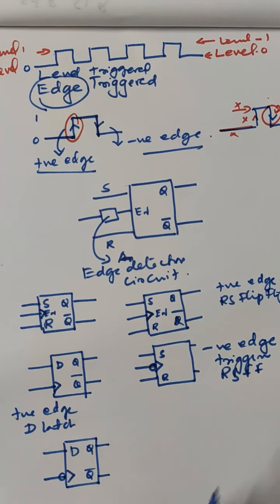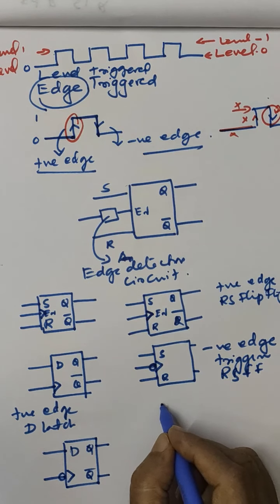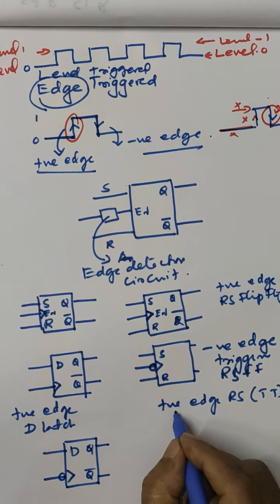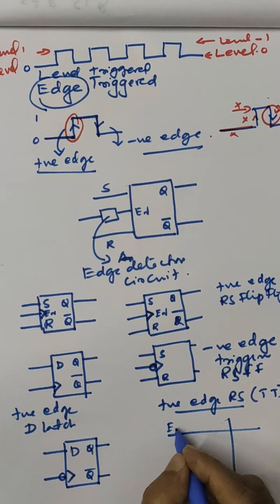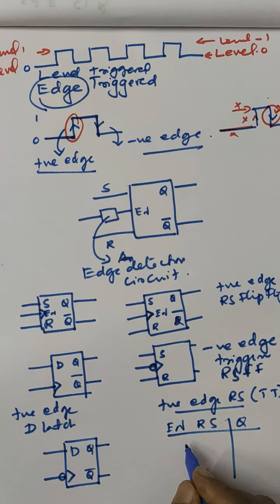Now, what is the truth table of a positive edge triggered RS flip-flop? That is also important: how we are representing an edge in a truth table. If you put 0 or 1, both of these represent a level. So how can we represent an edge in this case? An edge is usually represented using an arrow.